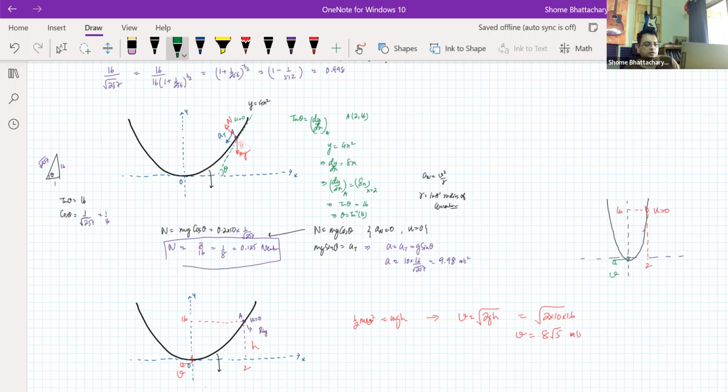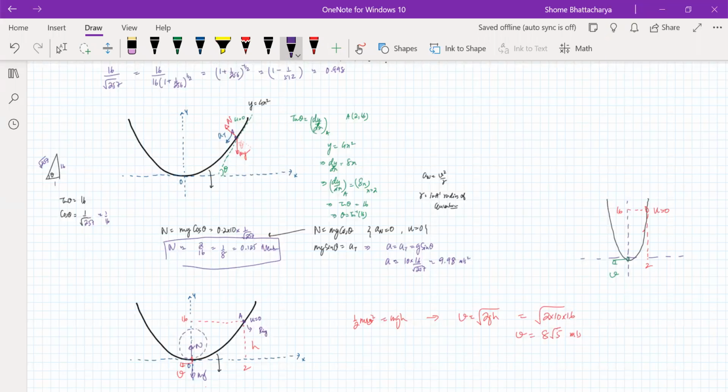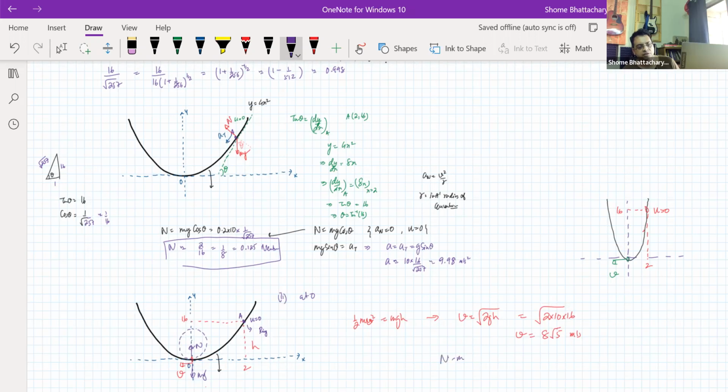Okay. All right, now what is happening at the bottommost point in terms of dynamics? There is mg acting downwards and normal reaction acting like this, and it has an instantaneous curvature like this. If that curvature is of radius r, so at the point O, N minus mg should be equal to this, okay?